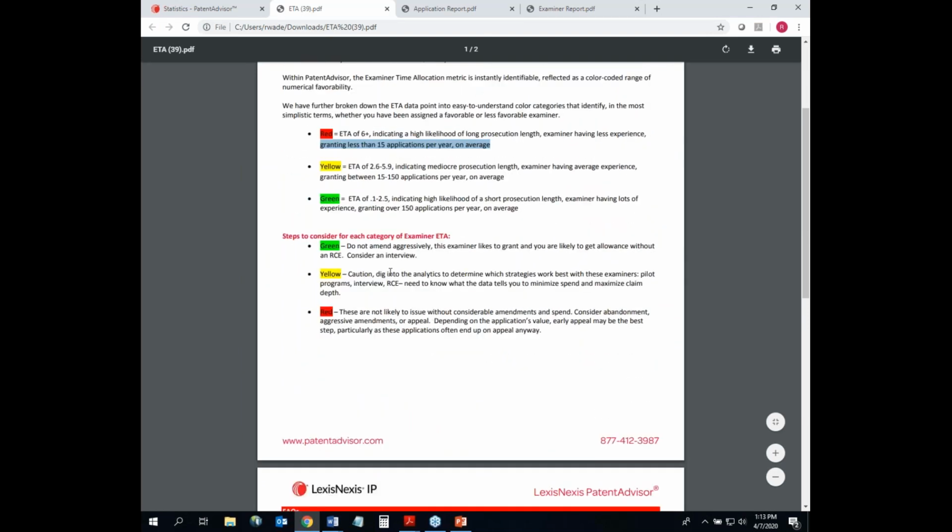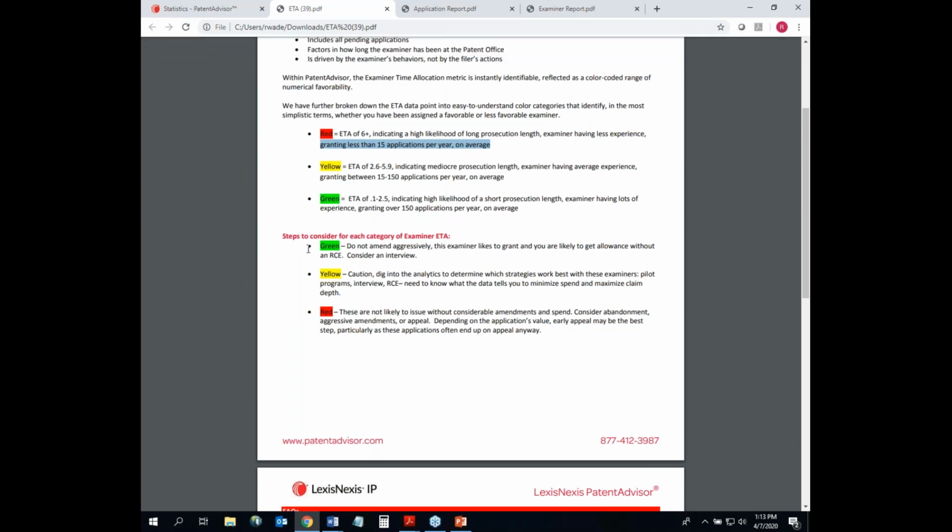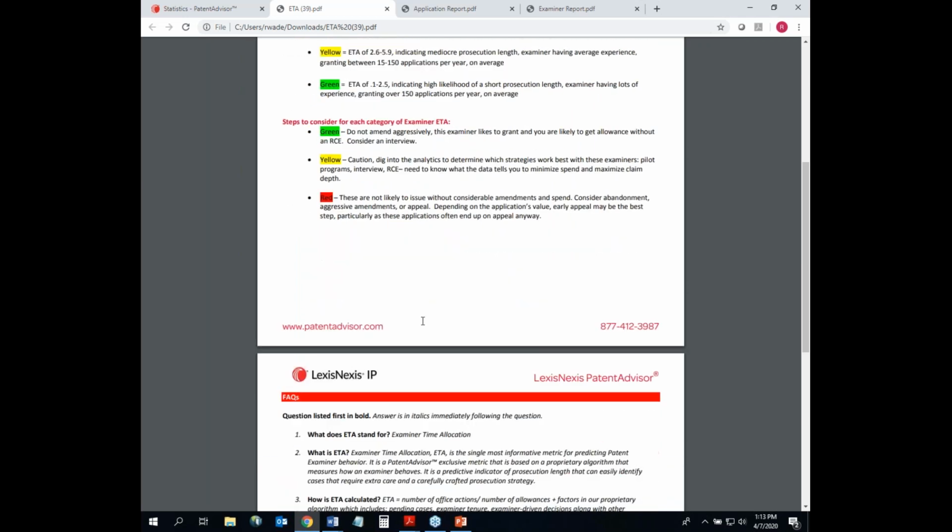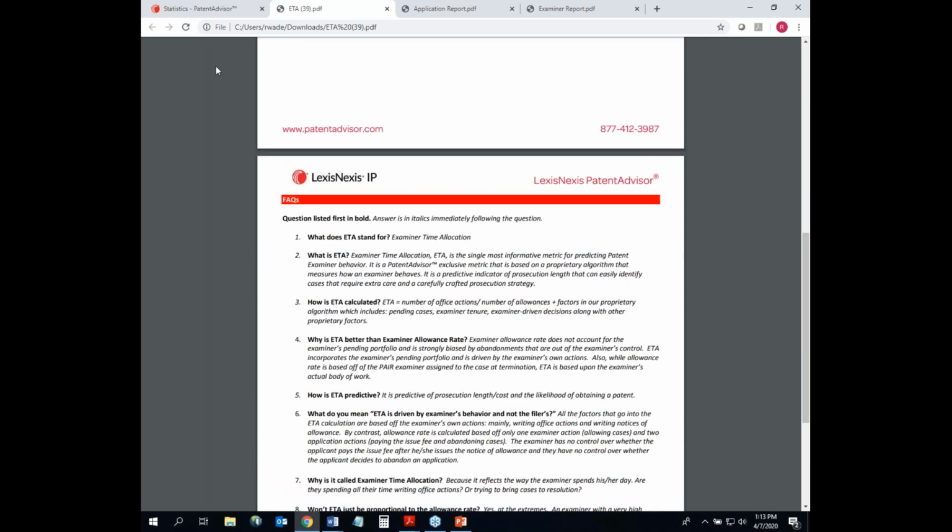And you can see it has more information here, again, that prosecution strategy. I know I'm saying it a lot, but that is the bread and butter of PatentAdvisor. But again, we can give you a little bit of information here that's helpful on your prosecution strategy and more information down here.